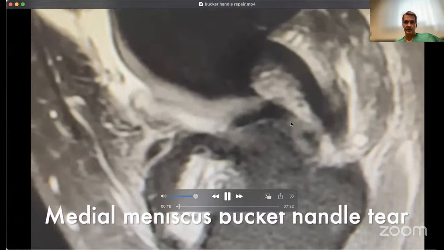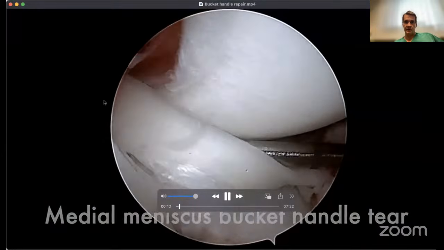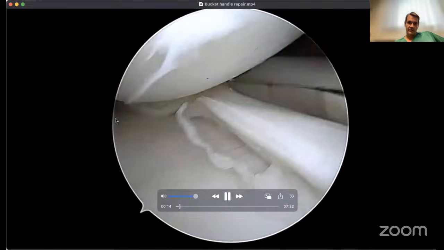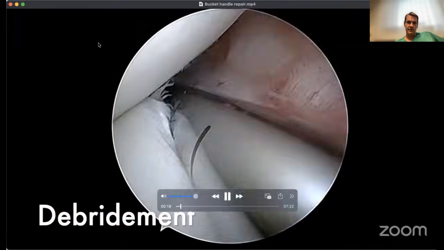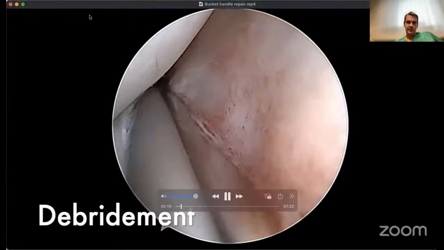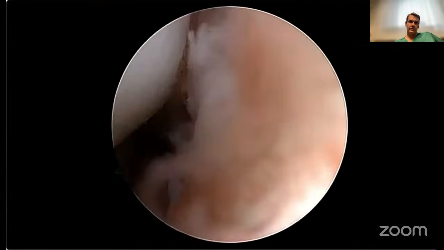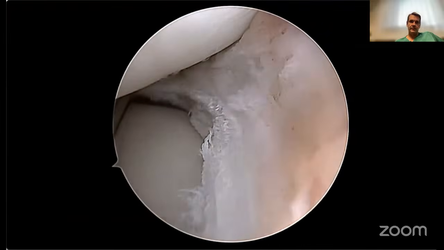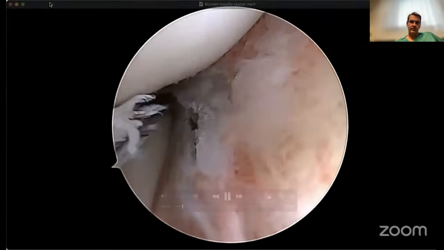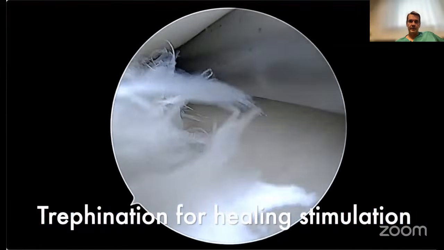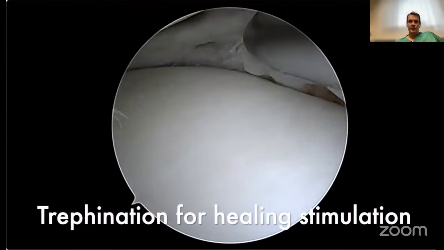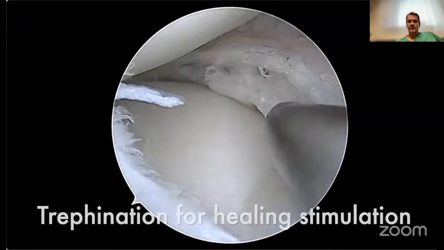This is a bucket tear, a patient with former ACL reconstruction. So this is an ideal indication for me. I started with debridement of the tear and suprameniscal synovectomy, as you can see here. Then I performed a rasping of the periphery of the meniscus to stimulate healing.